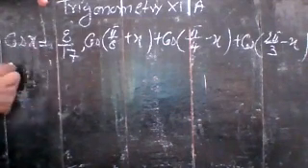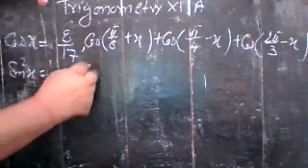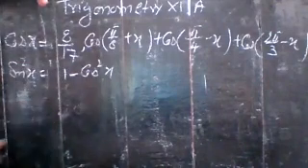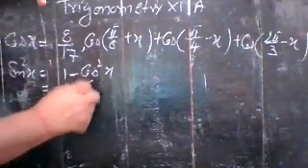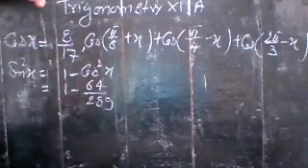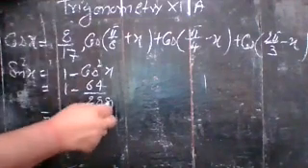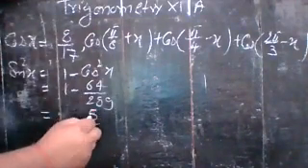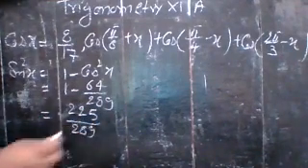So you know sin square x is equal to 1 minus cos square x. Using that identity, you have 1 minus 64 upon 289, and simplifying it, you have 225 upon 289.